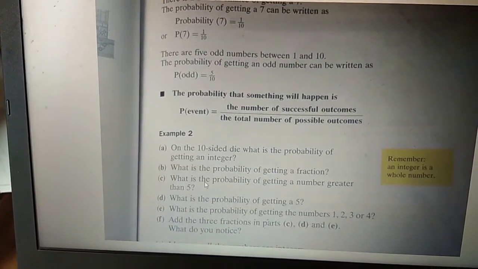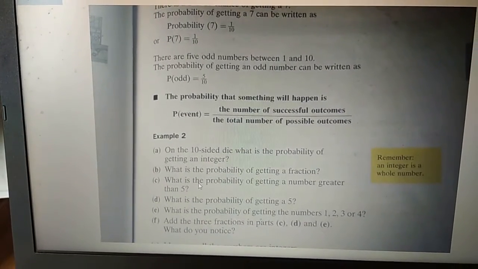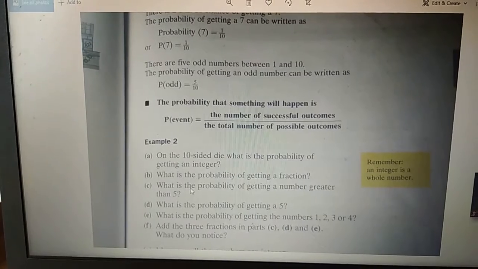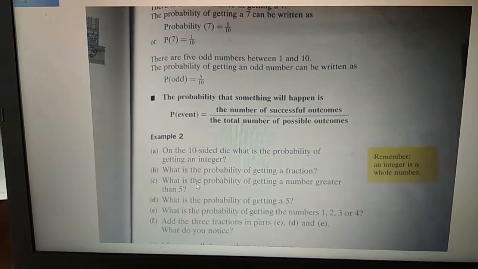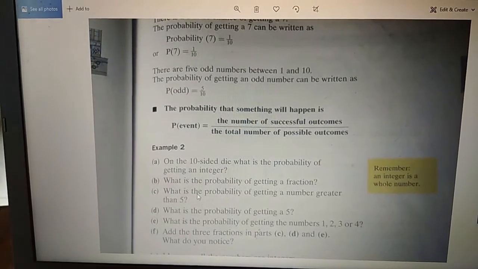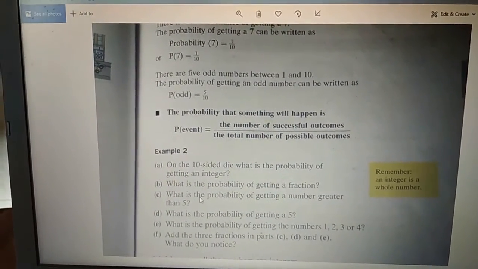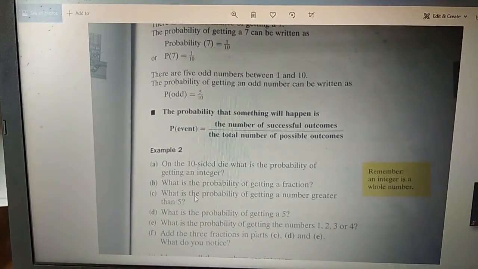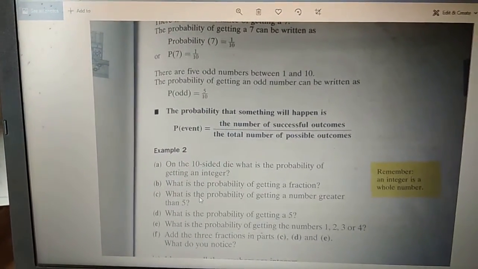Any event has some outcomes: the number of successful outcomes and the total number of possible outcomes. Total possible outcomes means in how many ways it can happen, and successful means in how many ways we have been able to make that thing happen.